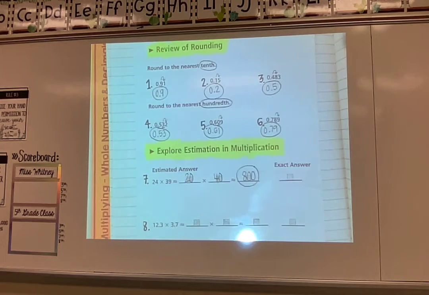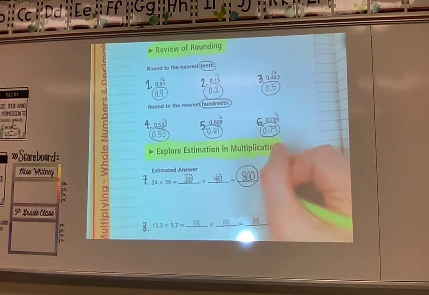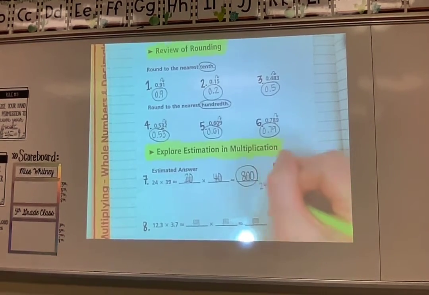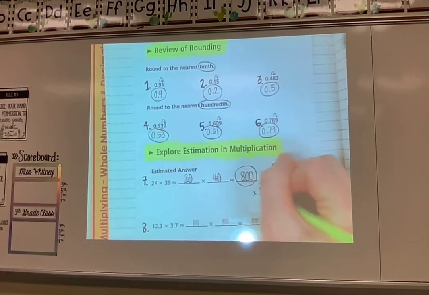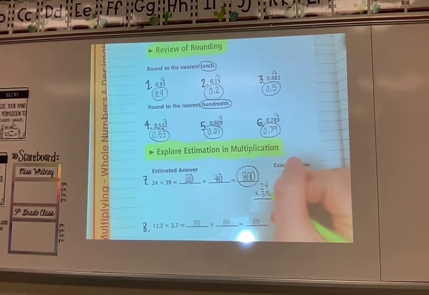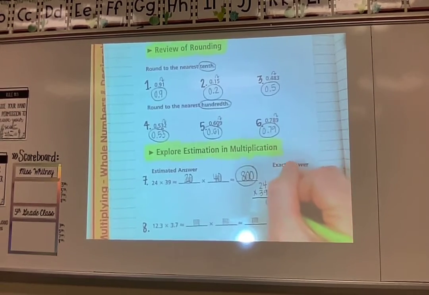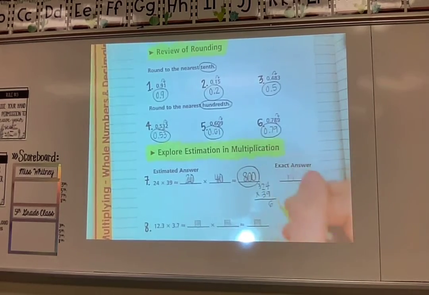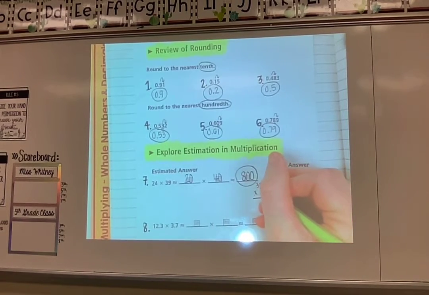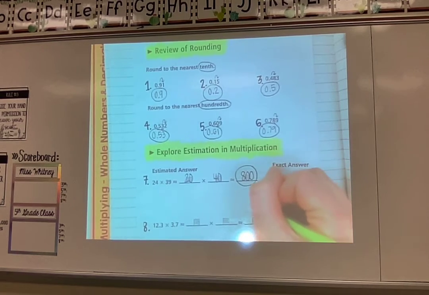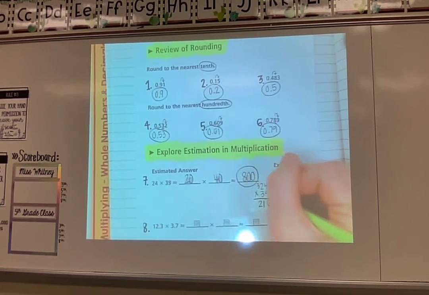So in order to do that, I'm going to stack these up. 24 times 39. And I'm going to multiply just like normal. So 9 times 4 is 36. Put my 6, carry my 3. 9 times 2 is 18 plus 3 more. 19, 20, 21. Done with my 9, so X it out.